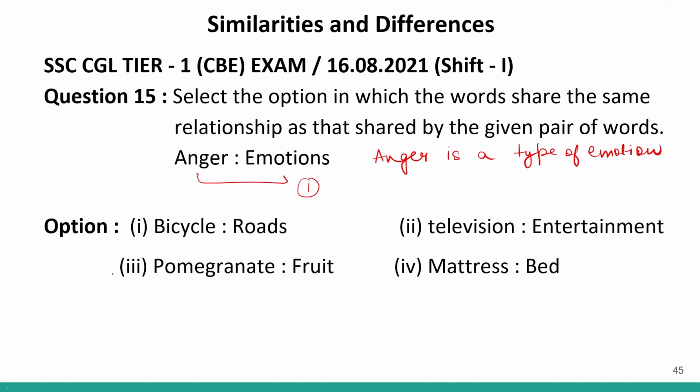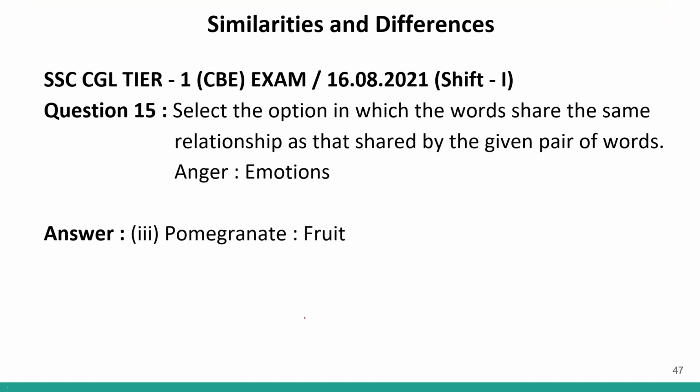Similarly, out of all the 4 options, option number 3, I can say that pomegranate is a type of fruit. So only option number 3 follows the same logic. Hence, our answer will be option number 3.